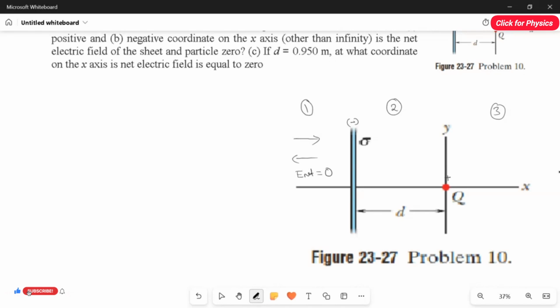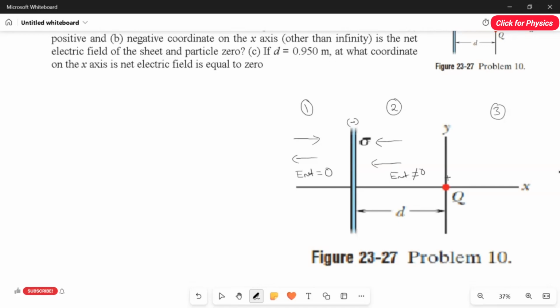Likewise, we have to find the same thing at the midpoint, that is, between the sheet and the charge. Based on the negative charge, the field lines are inward, and based on the positive charge, the field lines are outward. That means it will be like this. Here the net electric field is not equal to 0 because both arrows are in the same direction.